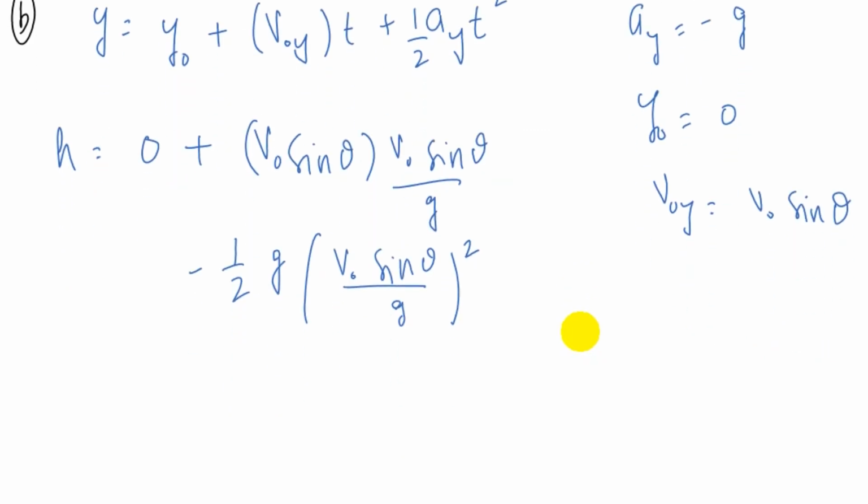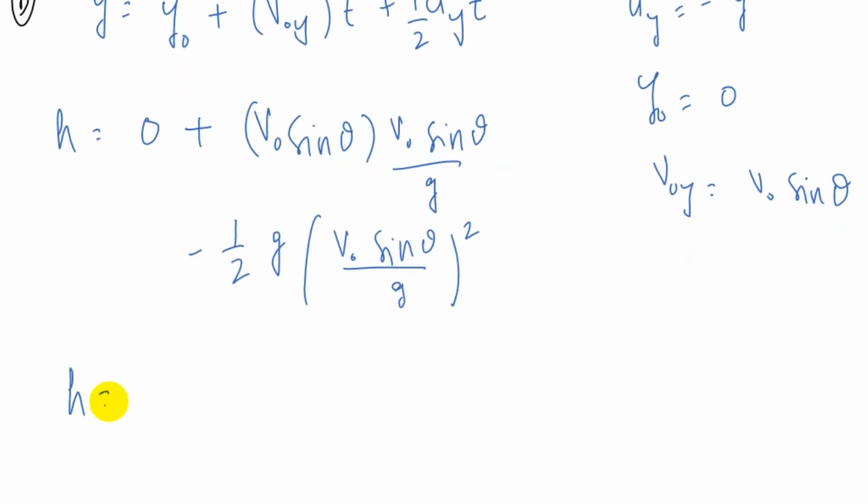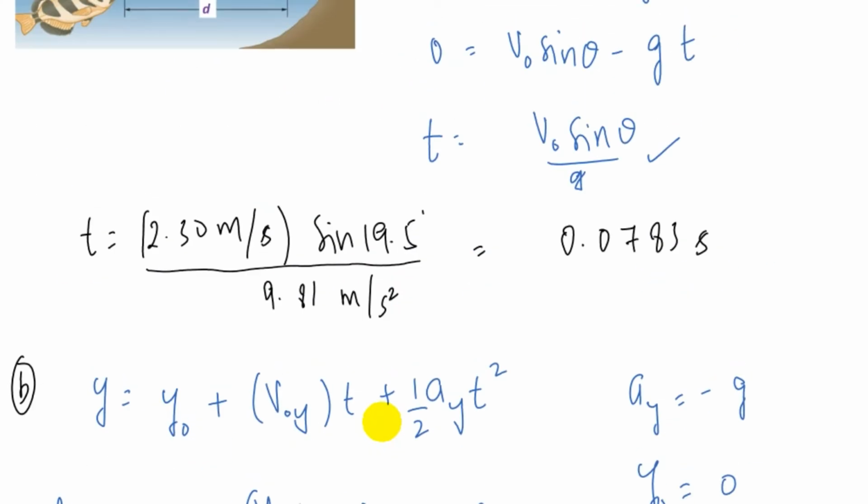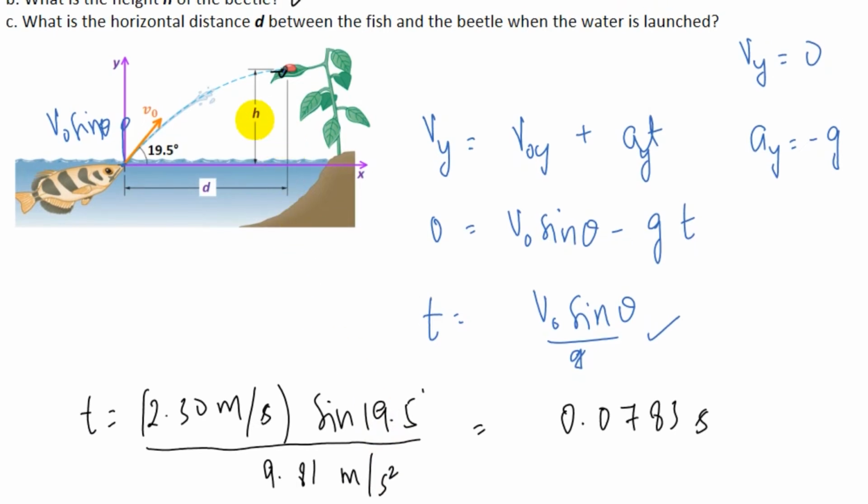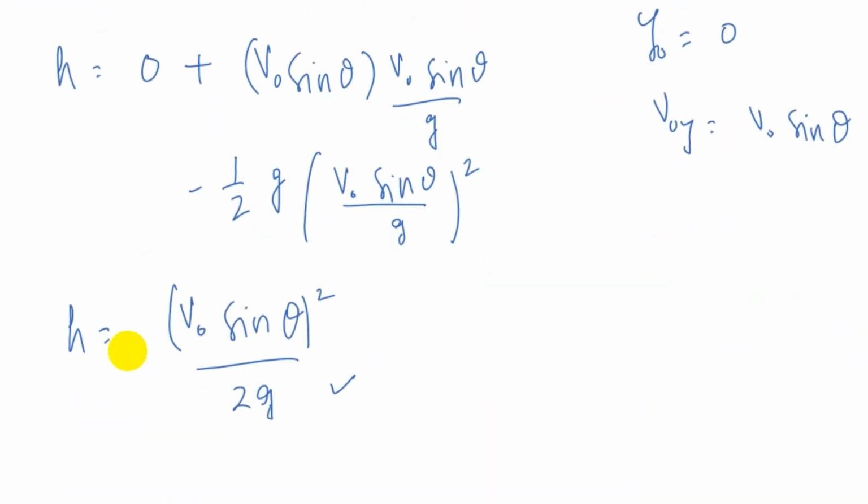Now we can solve it further and we'll get the expression for h to be V0 sine theta whole squared divided by 2g. Basically this height is the maximum height achieved by the projectile when it reaches the top of its trajectory. This is basically h max.